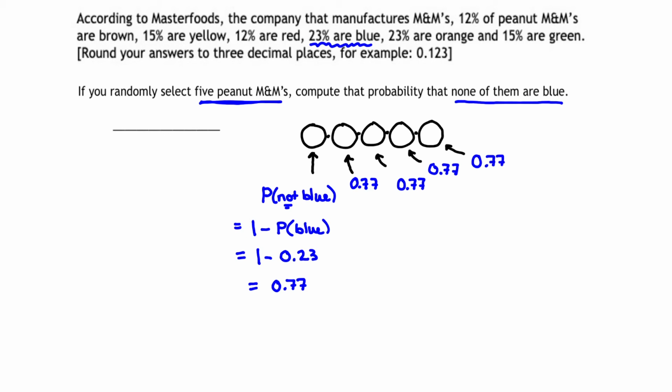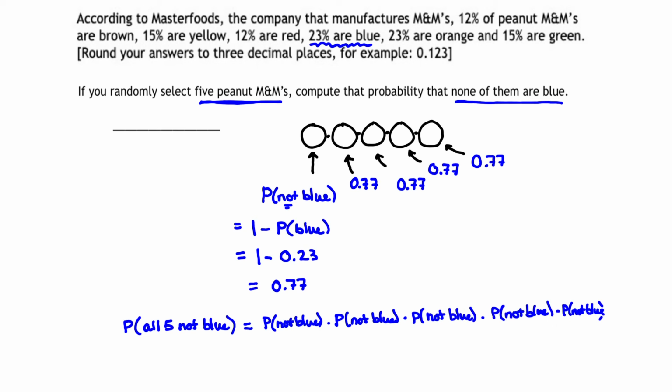Now, this is a series of independent events. So if I want to get the probability of those 5 things happening, I'm going to put the probability that all 5 are not blue is equal to the probability that the first one's not blue, times the probability that the second one's not blue, etc., etc. So we have 5 probabilities of the M&M not being blue, but we've already set the whole scenario up.